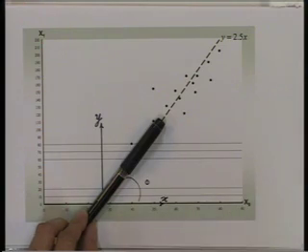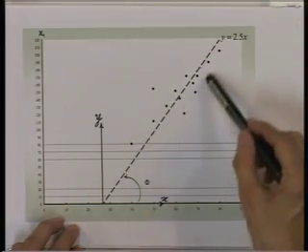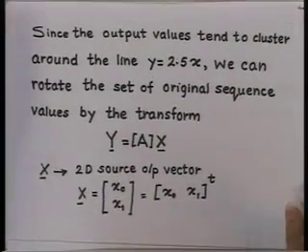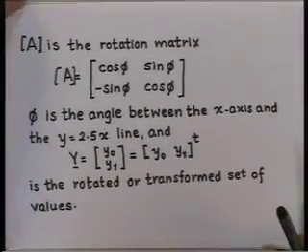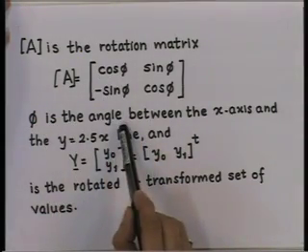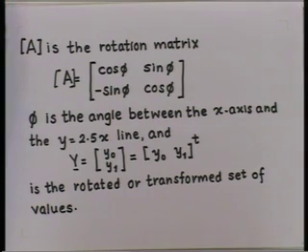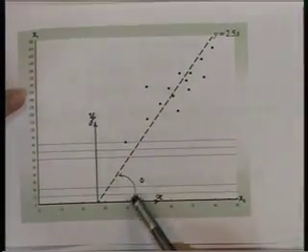This is equivalent to the rotation of the original set of values by the transform y equal to A x, where x denotes the 2D source output vector and A is the rotation matrix, where phi is the angle between the x axis and the y equal to 2.5x line.